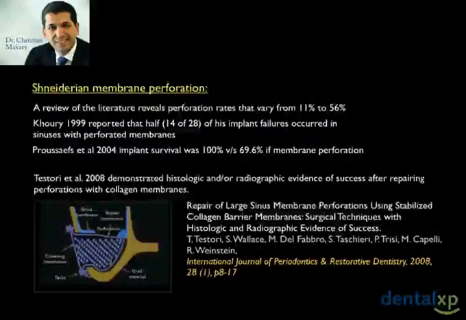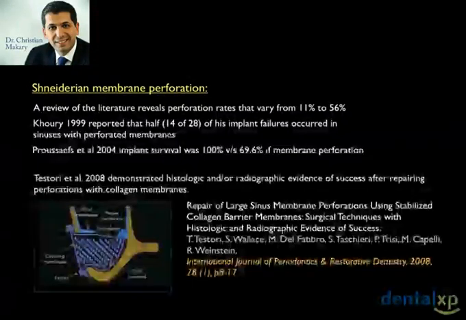Some authors, like Khoury, for example, showed that half of his implant failures occurred in sinuses with perforated membranes. Also, Prusayev in 2004 showed a loss of implant survival from 100% to 69% if the membrane were perforated.